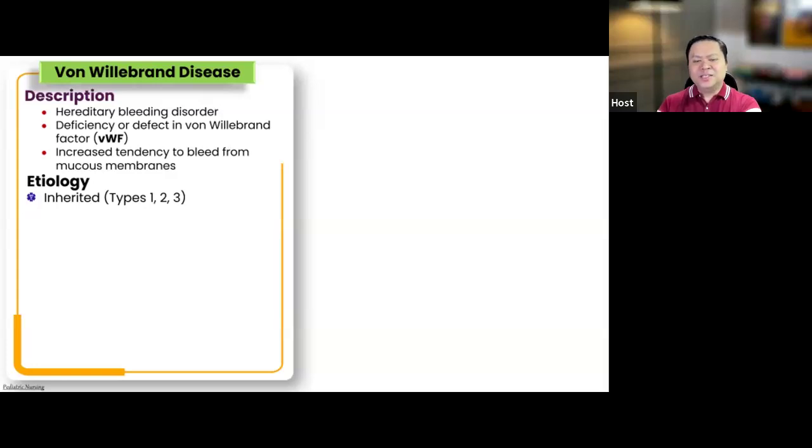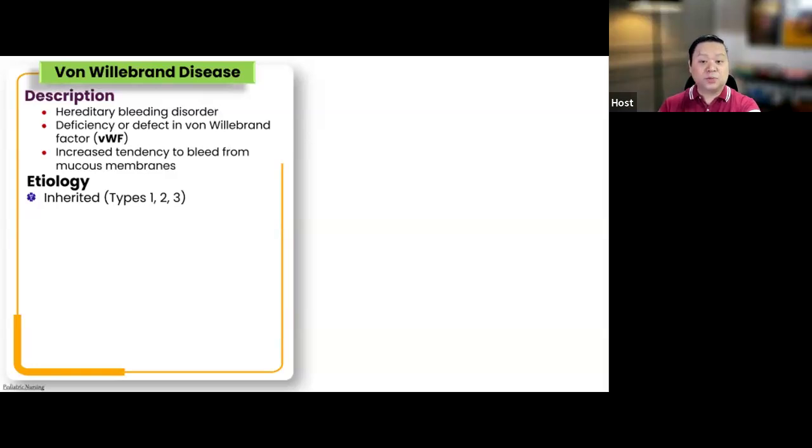It is considered that the person may have the type 1 inherited type of VW disease if the pediatric patient gets the autosomal dominant type of disease, wherein there is a deficiency in the amount of the VWF, or the von Willebrand factor. There is a lack in the number of the VWF. So that is for type 1.